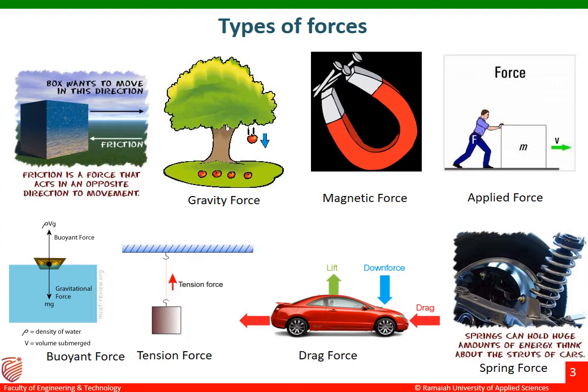And the next one is drag force. You can see the drag force on the vehicle displayed over there, and the last one is spring force. This kind of example you might have seen in the motor vehicle, that is two-wheel vehicle over there. These are some of the examples of types of forces there.